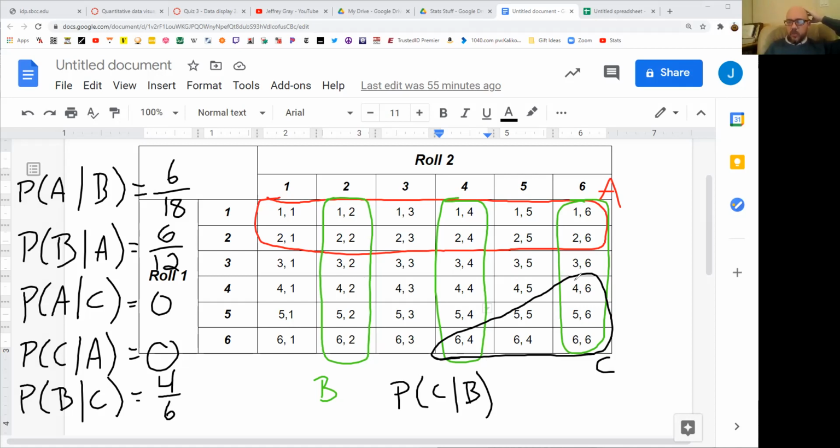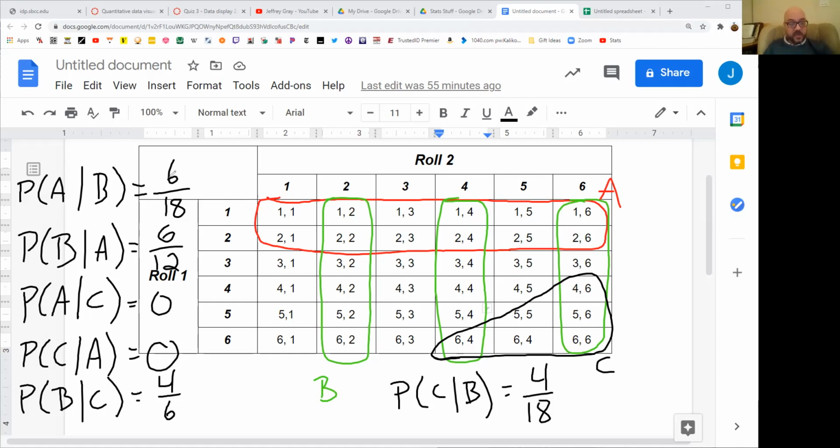There are 4 events within B that have a total of at least 10. So 4 out of the 18 outcomes. So this guy is 4 out of 18. Okay, keep those things in mind. Let's see if I can remember what those are.